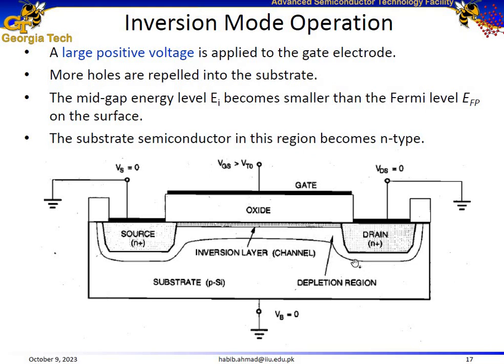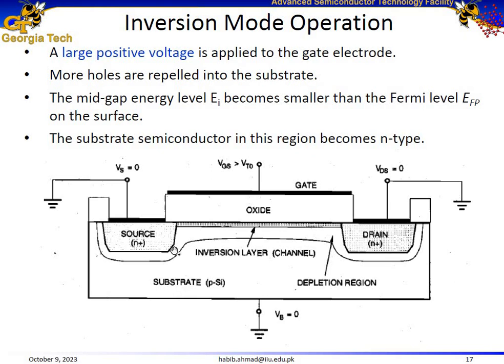Inside the depletion region we have fixed positive and negative charges, and separation of charges results in a capacitance. This capacitance of the p-n junction is called the diffusion capacitance, or also the junction capacitance. Similarly, we have junction capacitance between the source and the substrate as well.